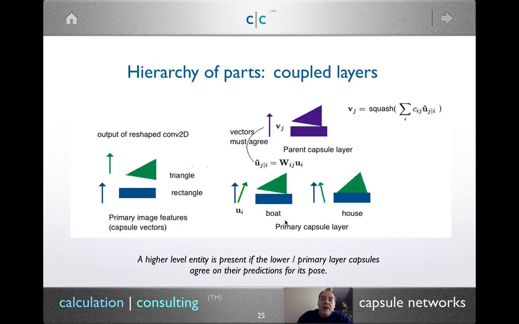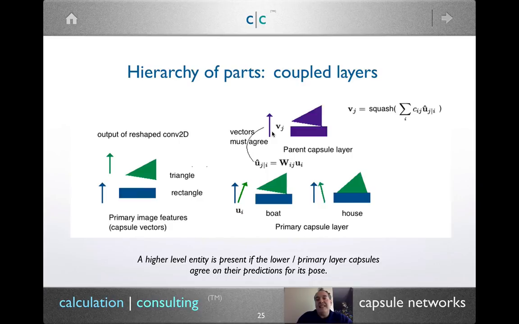And the primary capsule, when it connects to the parent capsule, will guess this pose information. The parent capsule also assigns a vector, but it assigns a vector to the whole object, and that vector has an orientation as well.